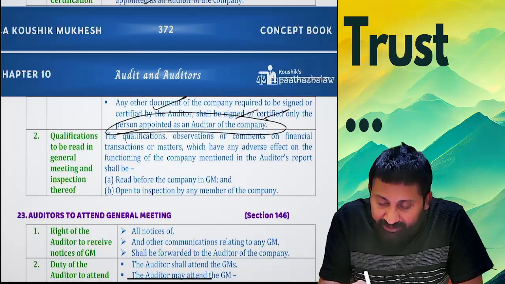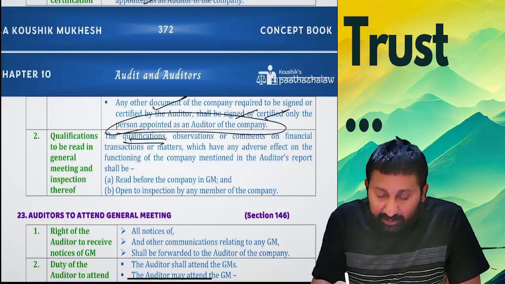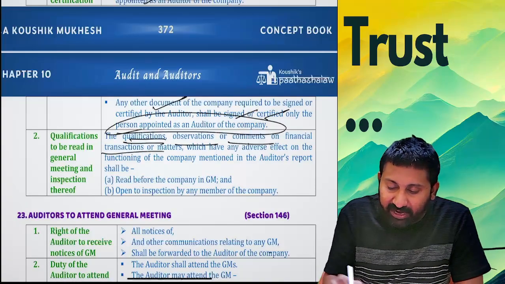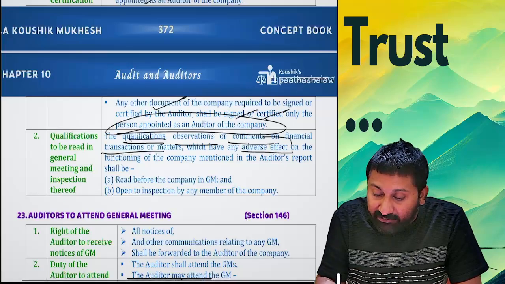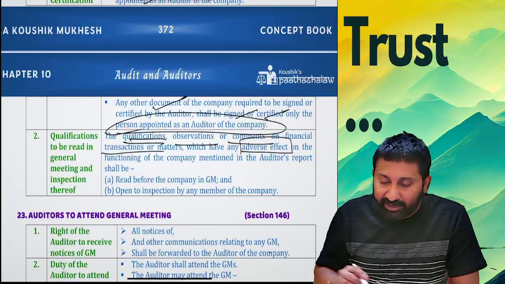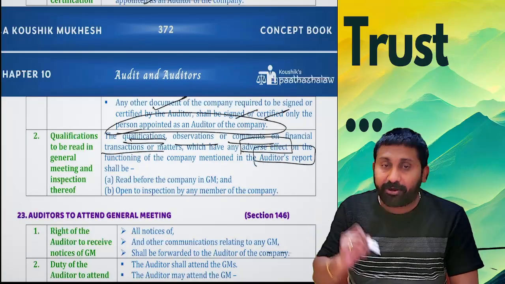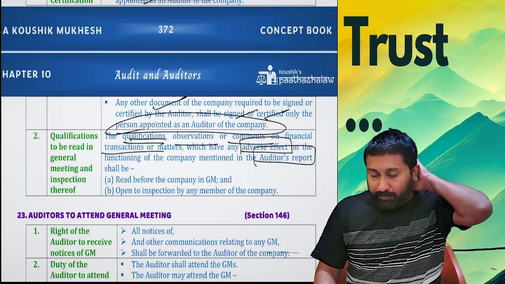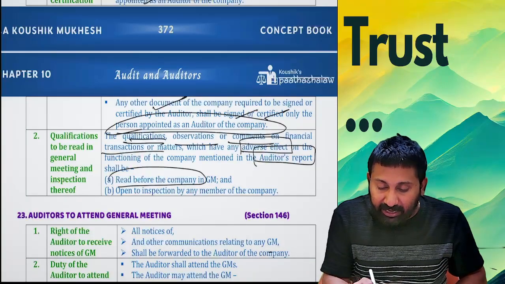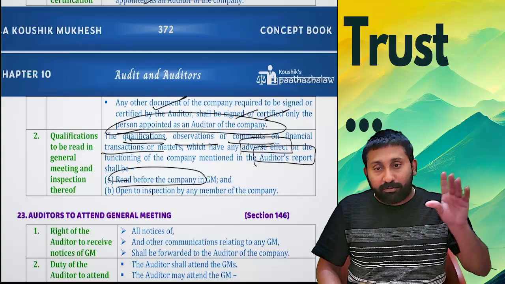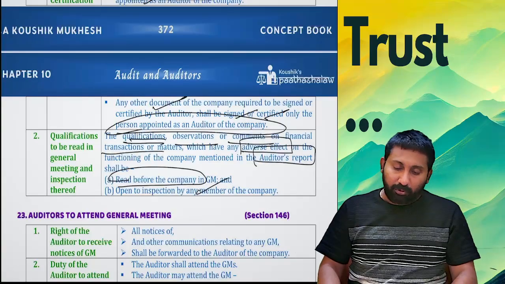So what do the qualifications mean? Complaints, observations or comments on the financial statements which may have an adverse effect on functioning shall be mentioned in the audit report. Not just writing in the audit report, it should be read before the company in the general meeting, and members should be allowed to inspect that audit report.